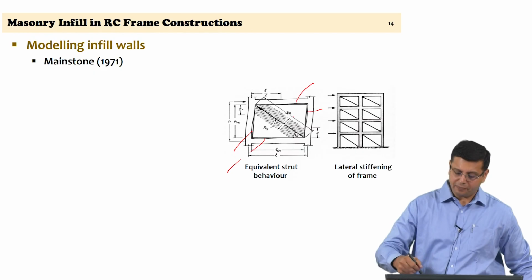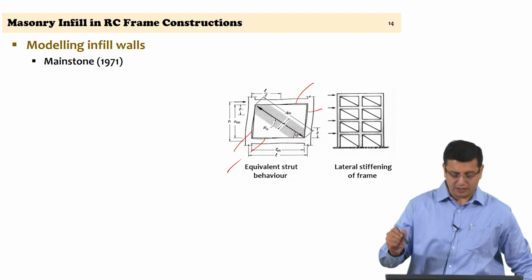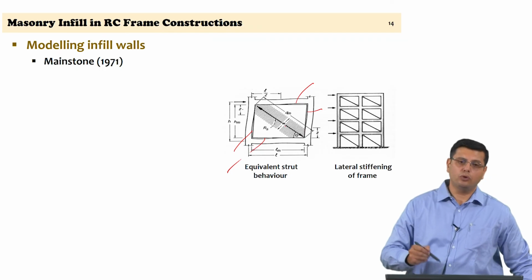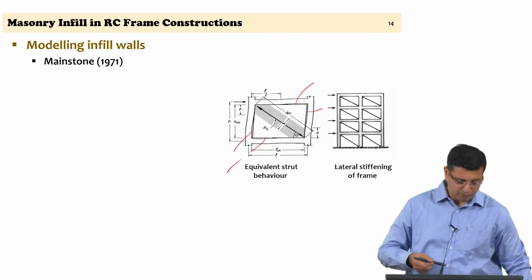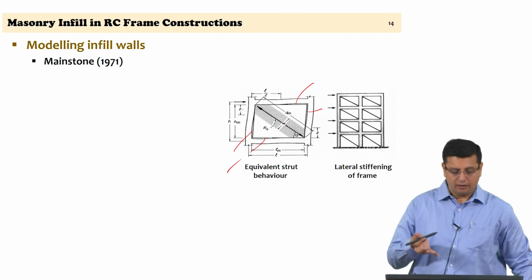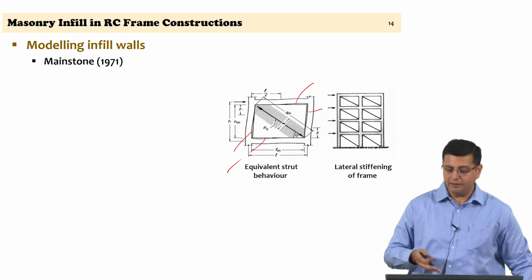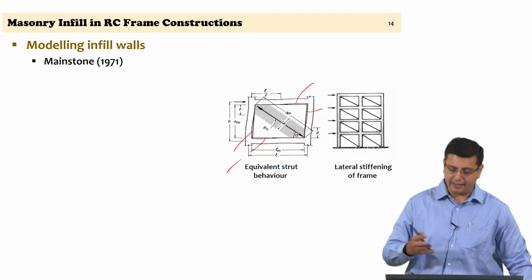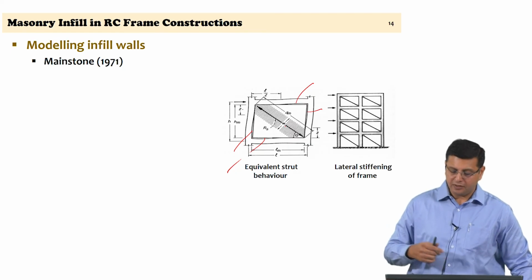So, dm is the length of the diagonal that we are talking about, and that is the effective length of the strut. W is the width of the strut, which is established based on mechanics and based on observations from experimental tests.